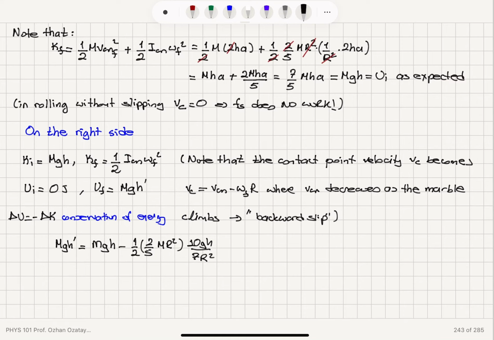So this is going to give us a cancellation of these 2's here.